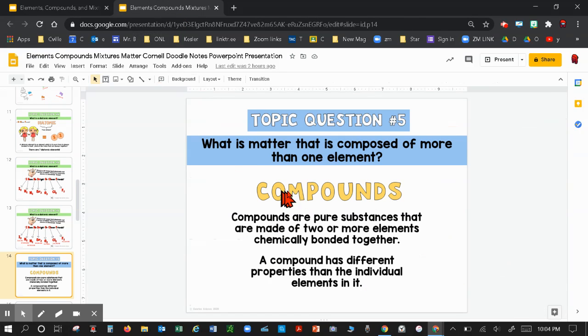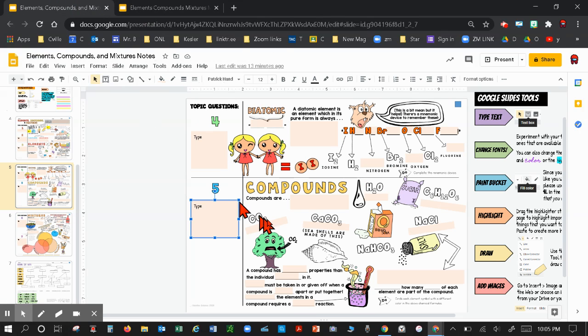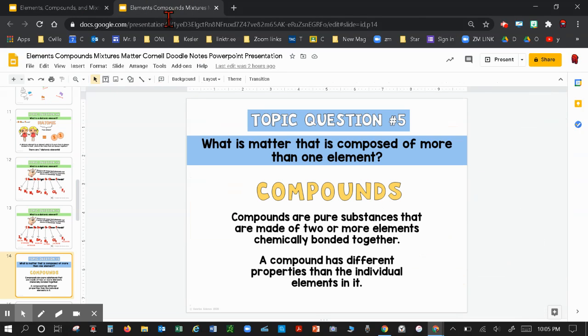The answer to that is compounds. Compounds are pure substances that are made of two or more elements chemically bonded together. A compound has different properties than the individual elements inside of it.